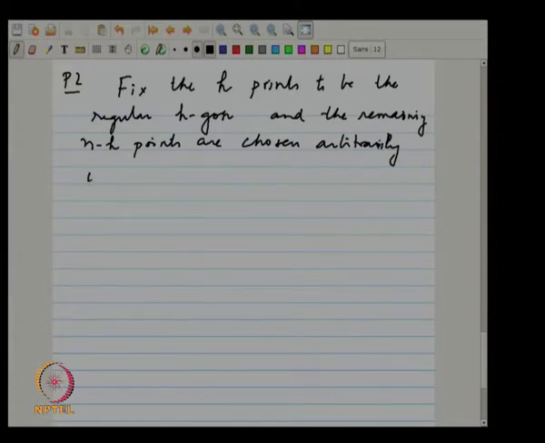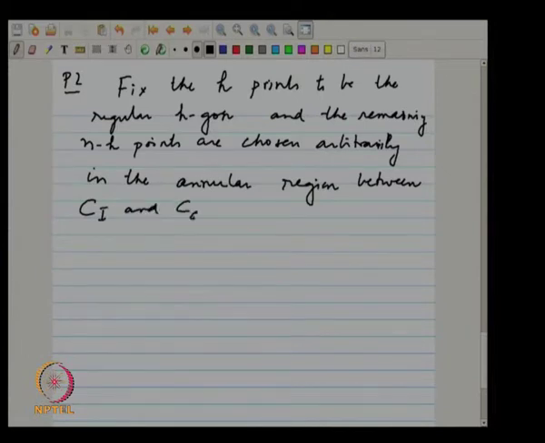Okay. In the region, in the annular region between C inscribing and C circumscribing.